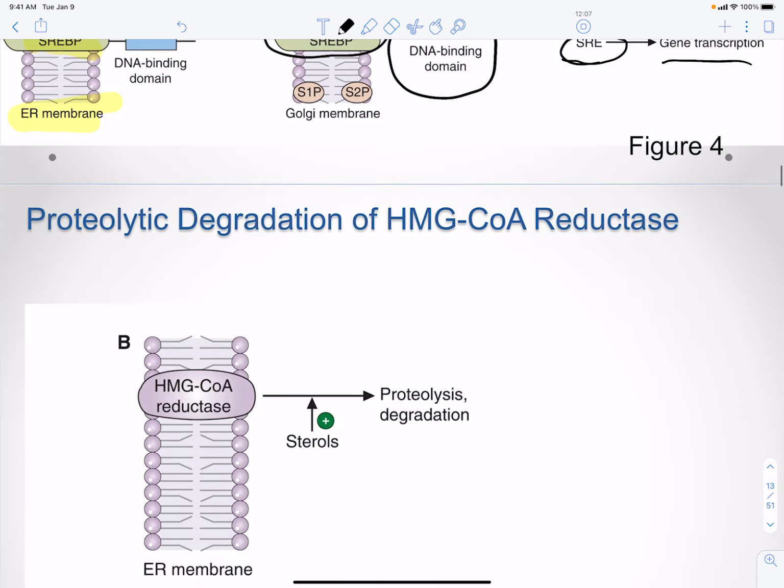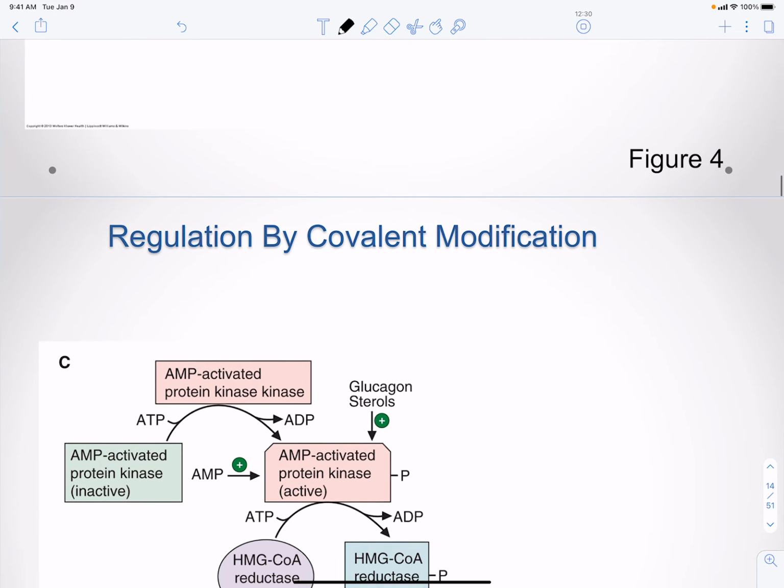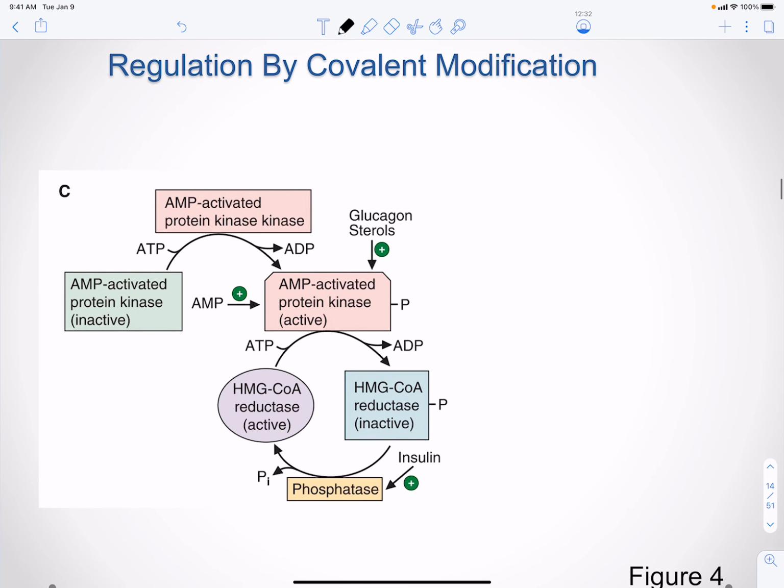Now, another way that this reductase is going to be regulated is through actual degradation. So if you have an increase of sterols, this causes proteolysis or degradation of the actual reductase. Because when you have too many sterols, you don't need to make more, and you want to get rid of this reductase. Another is by covalent modification.